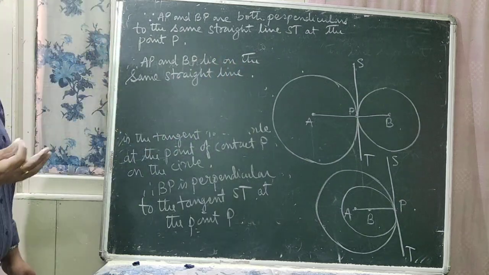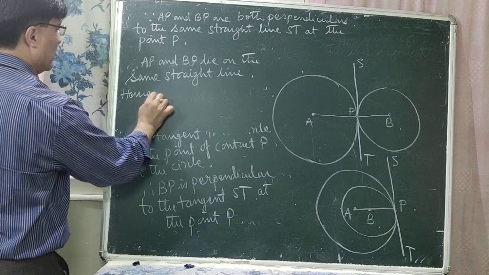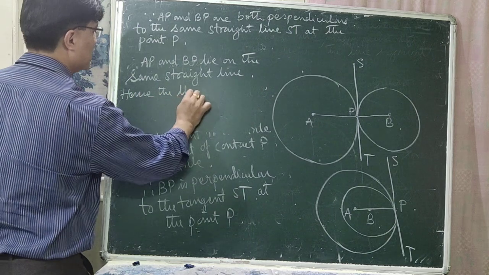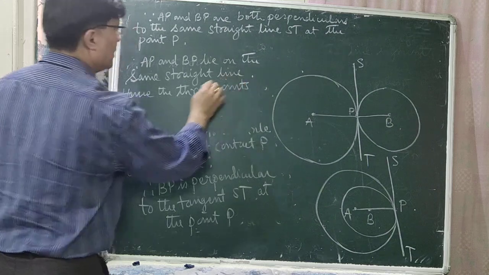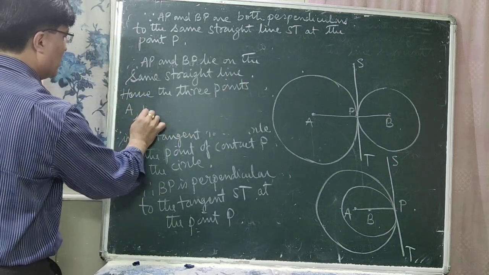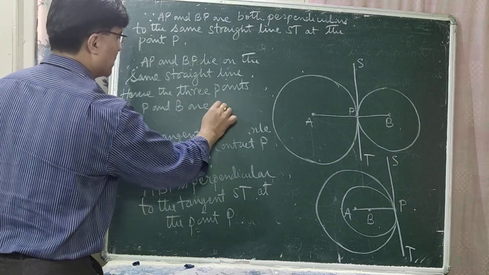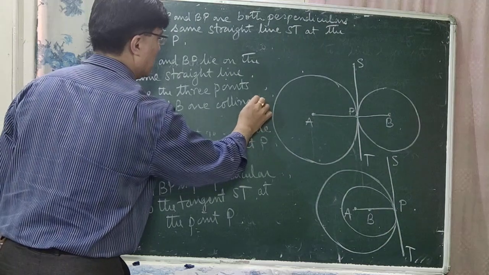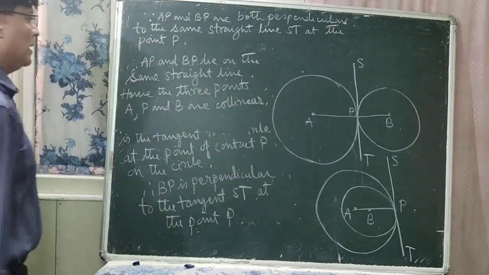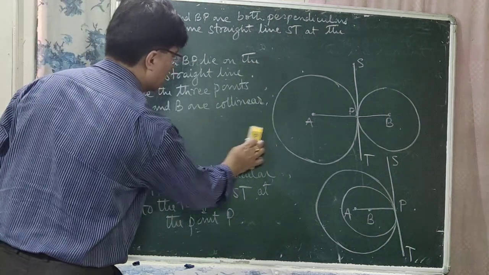Hence, what can you write? Hence the 3 points A, P and B are collinear.